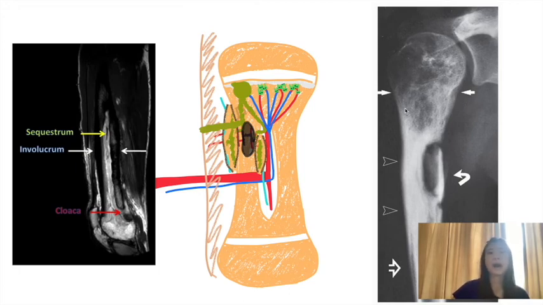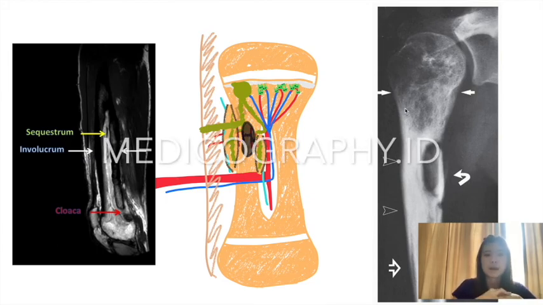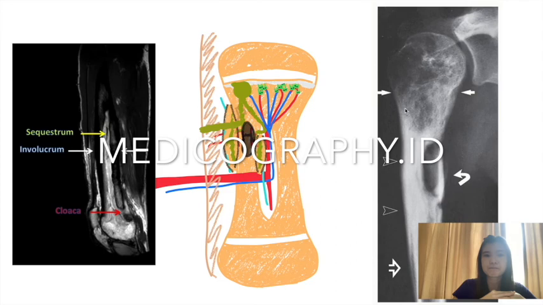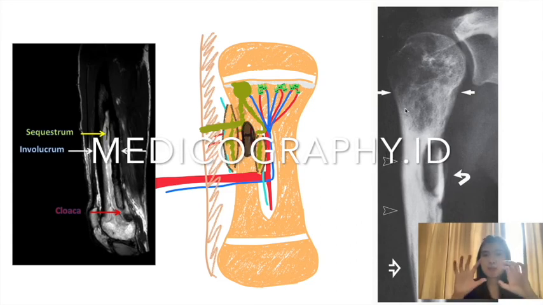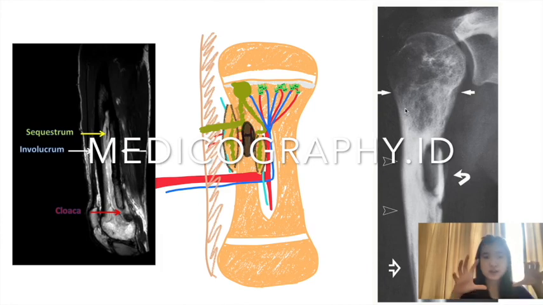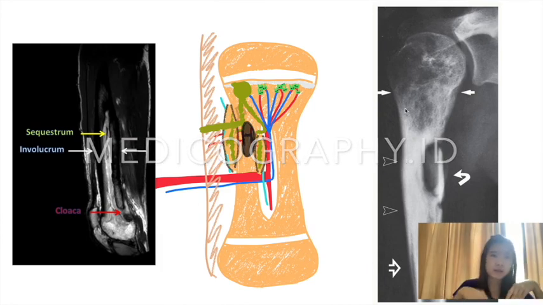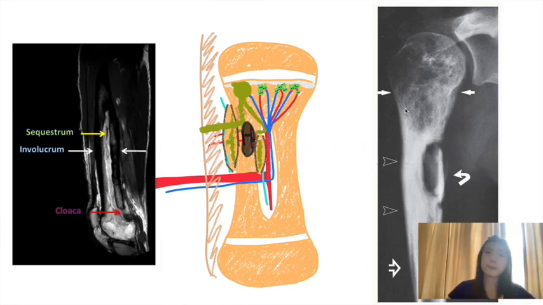But why I'm focusing on kids, children more than 1 year old, is because osteomyelitis more often occurs in the metaphyseal region, and this hairpin situation helps us understand the basic anatomy and basic science as well.